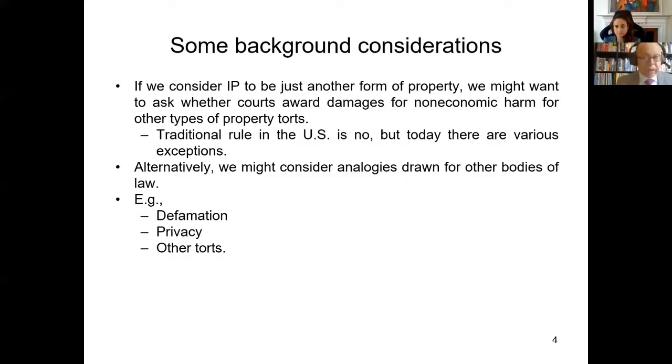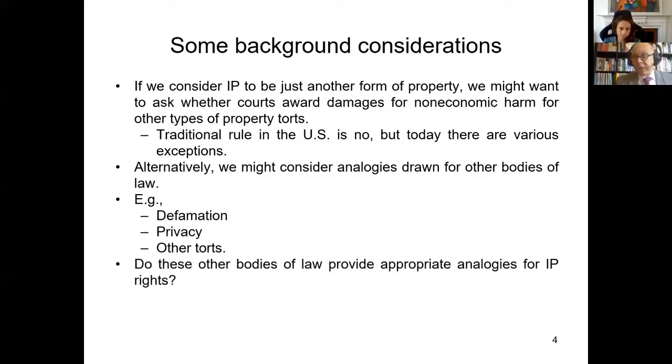But when those conditions are present, courts will allow the trier of fact to award general damages to compensate for that mental anguish. So in any event, one of the questions that the paper poses is whether these other bodies of law provide appropriate analogies, or at least do they give us some idea of the possible tools that may be at our disposal if we think it is a good idea to compensate intellectual property owners for these various types of non-economic harms.